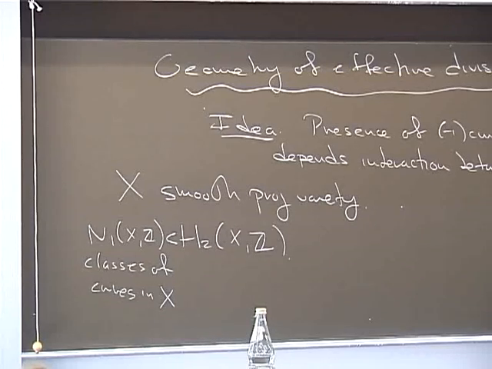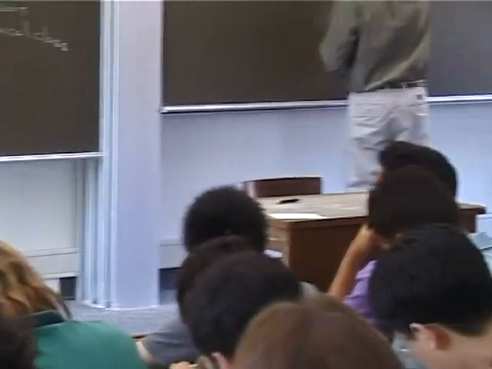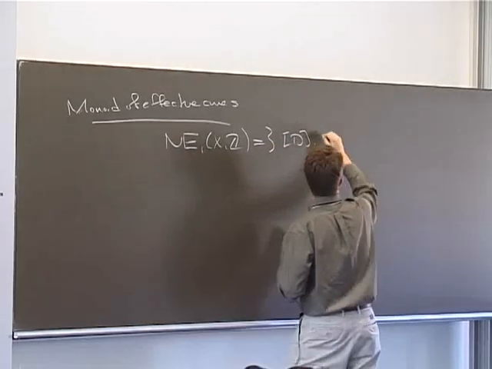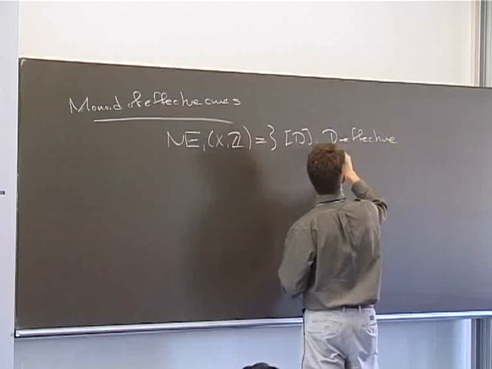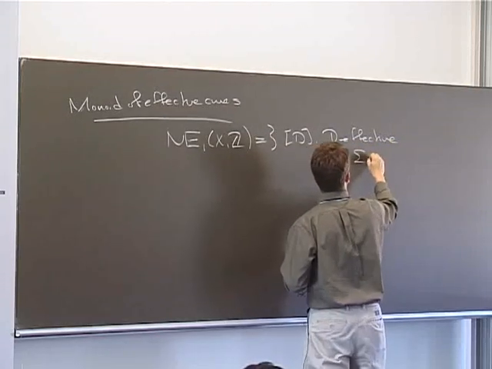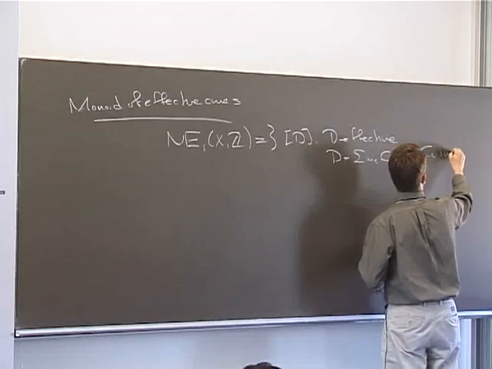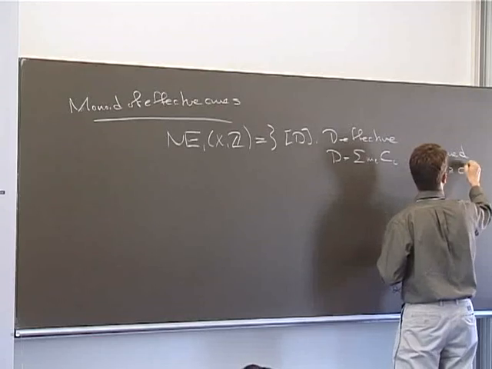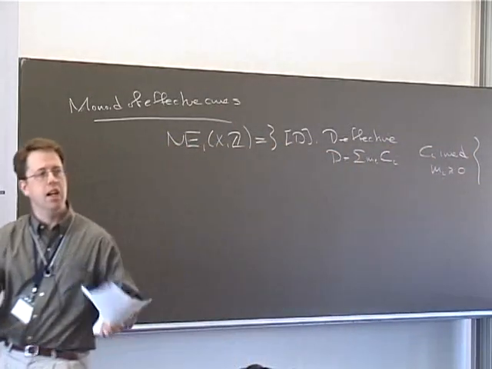This just consists of those classes D such that D is effective, in the sense that D is a sum of irreducible curves with non-negative coefficients. And this is a monoid because I can add any two of these together.